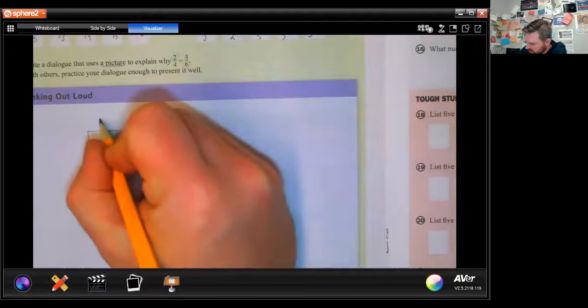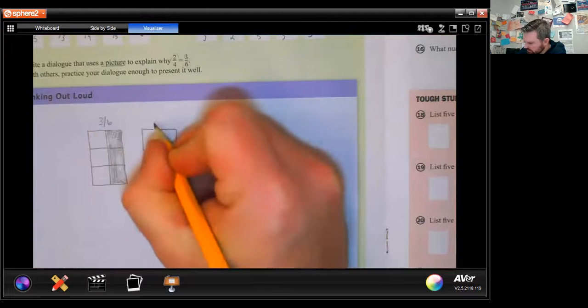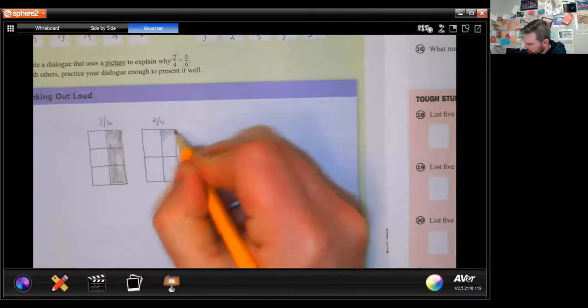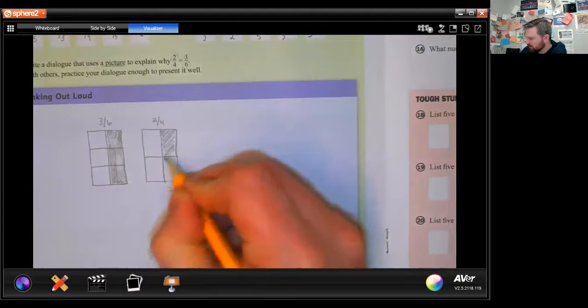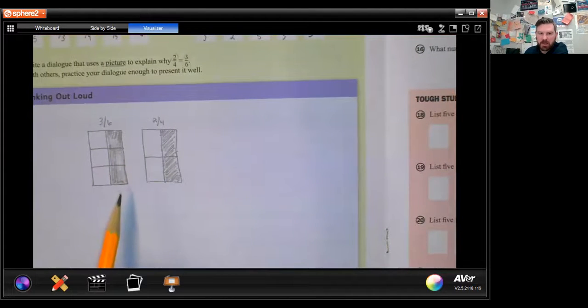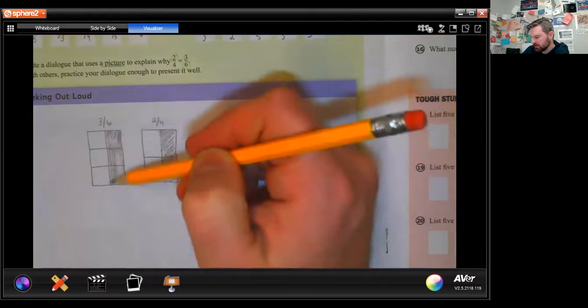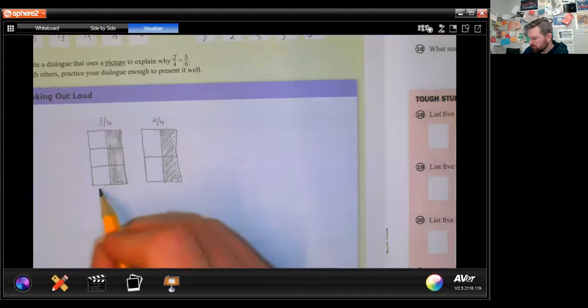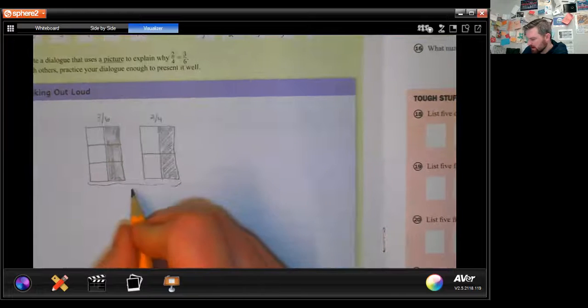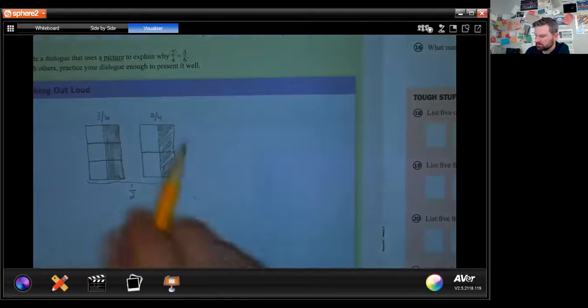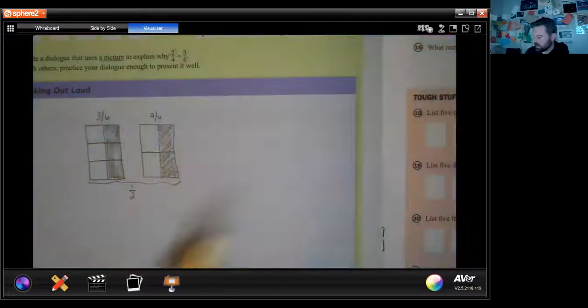So this was 3 out of 6. This will be 2 out of 4. Now, notice here, in both of them, I shaded the exact same area. In both of them, I shaded a half of it. So 3 over 6 and 2 over 4 is a half.